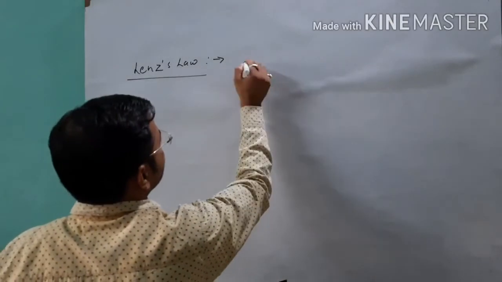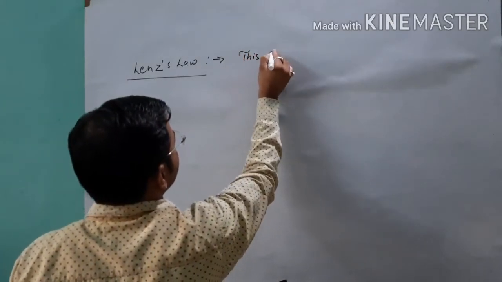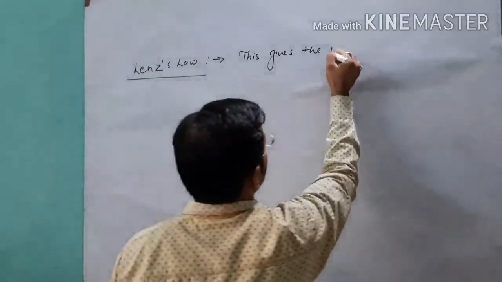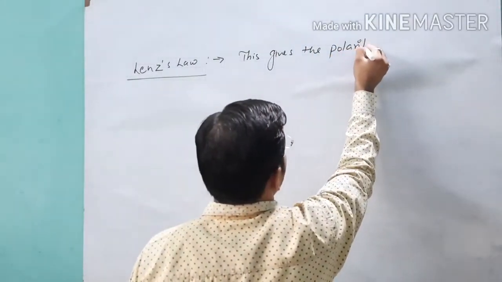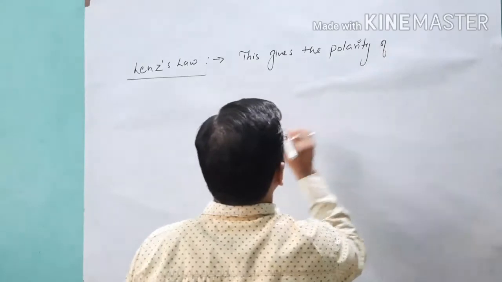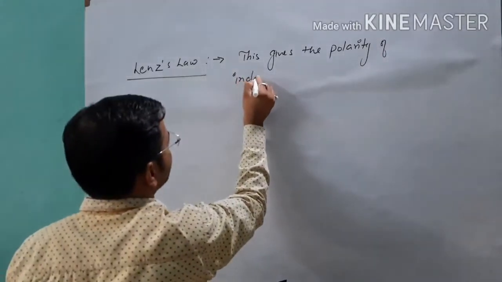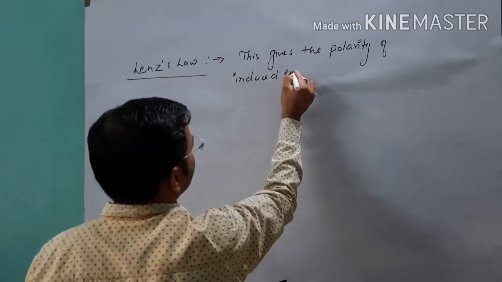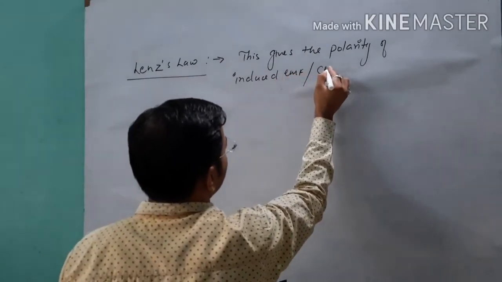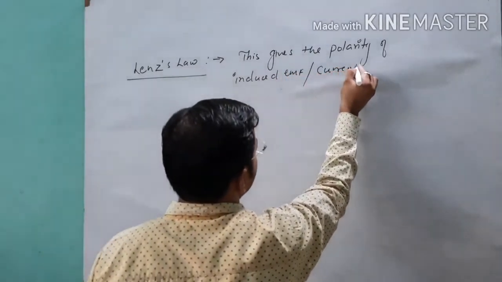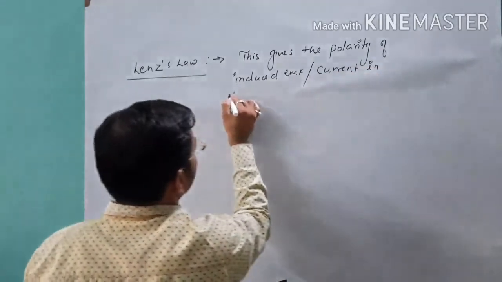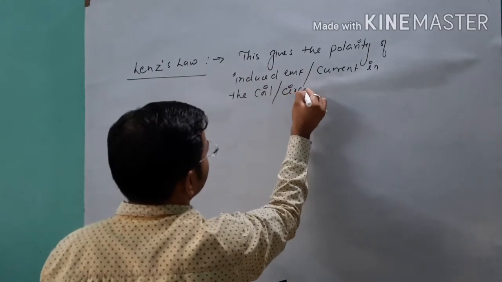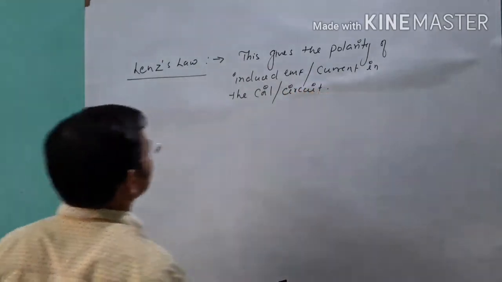According to Lenz's law, this gives the polarity of induced current or induced EMF, or current in the coil, or you can say circuit in place of coil.